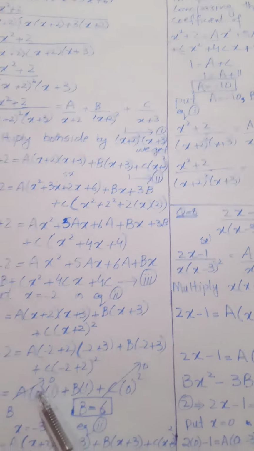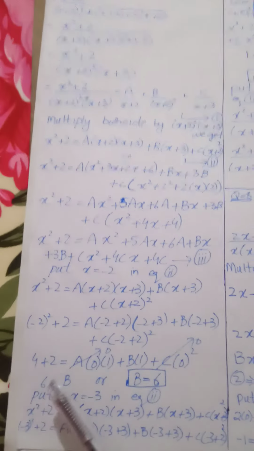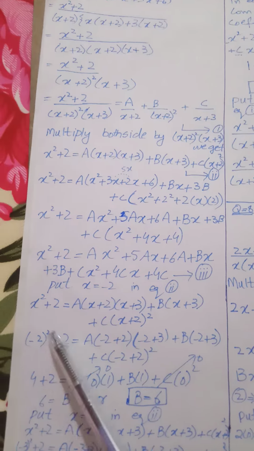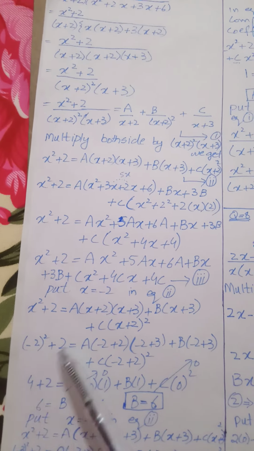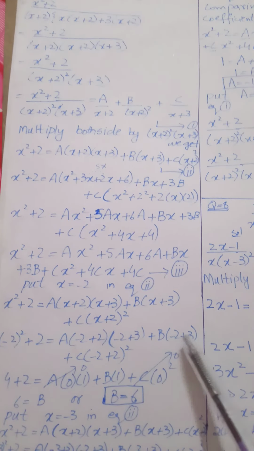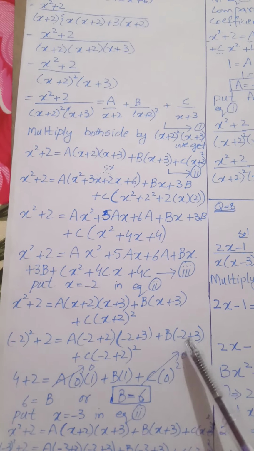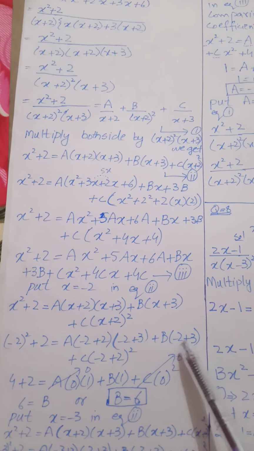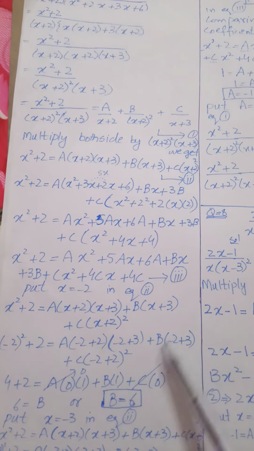Anything multiplied with 0 gives us 0. Similarly, minus 2 power square gives us 4 plus 2. Now this is b, minus 2 plus 3 gives us plus 1, so this will be b into 1.